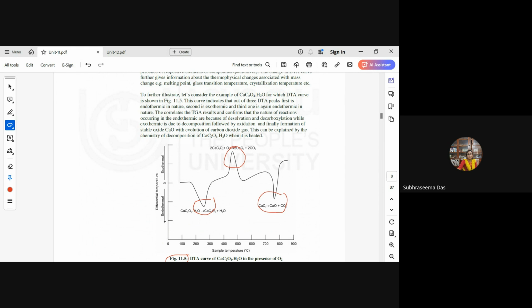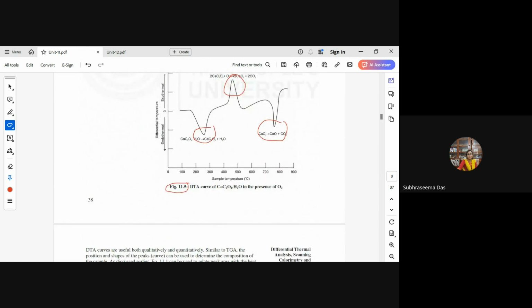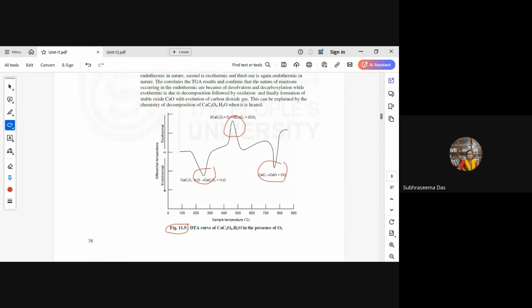If we look at the nature of these reactions, we can see what is happening in the decomposition of calcium oxalate when it is heated. In the first endothermic reaction, the water of hydration is removed from calcium oxalate: CaC2O4·H2O forms CaC2O4, that is calcium oxalate, plus water. Upon heating from 400 to 600 degrees centigrade, we find a maximum at around 500 degrees centigrade, where the calcium oxalate reacts with oxygen.